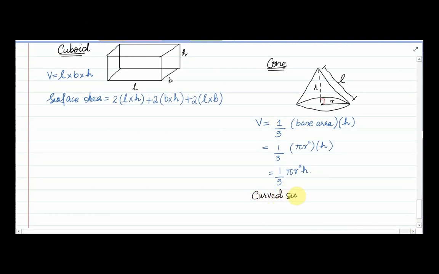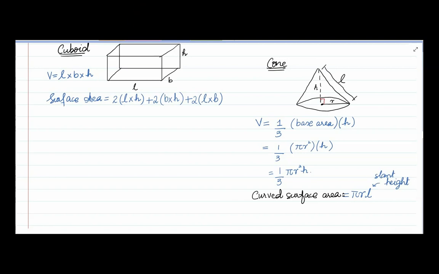Now the curved surface area, the working formula is fixed. The curved surface area of a cone is pi r l. Keep in mind that this length is slant height. Slant height, right? Don't mix it with the height. Height should be at 90 degree.